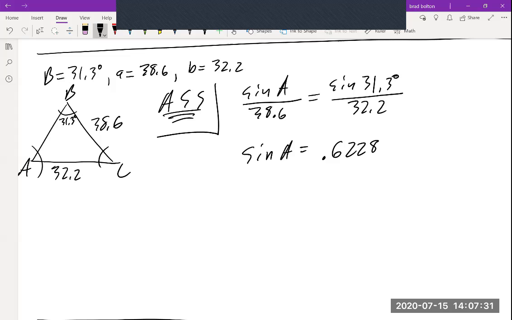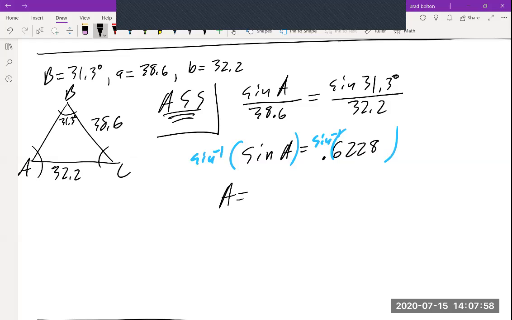But here's the problem. What I have to do now is solve for A. This does not match any of the special angles that I know. So I'm going to arc sine both sides. So I'm going to say sine inverse of this and sine inverse of this. That will now give me angle A, second function arc sine.